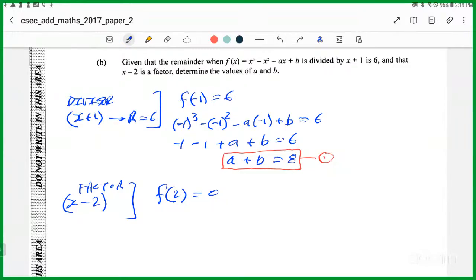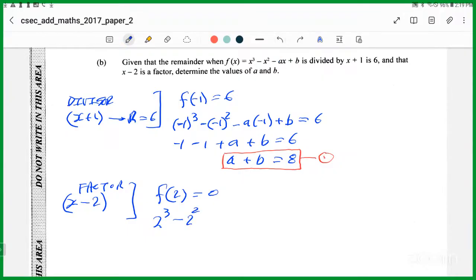So again, we're going to plug the 2 in this function here, here, and there, and then put it equal to 0. I'm going to end up with a second equation. So firstly, it is 2 here, so that's 2 cubed minus 2 here becomes 2 squared.